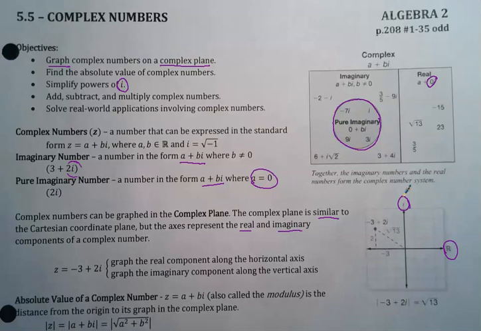So if we have this number, -3 plus 2i, this first part is the real component. So on our complex plane, we go back 3: -3, 1, 2, 3. And then our other part is a positive 2 imaginary, so we go up 2, 1, 2 on our imaginary axis, and we graph that.